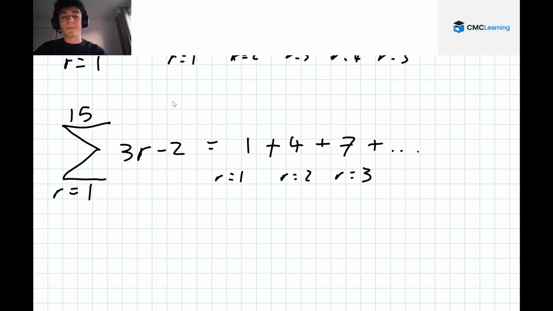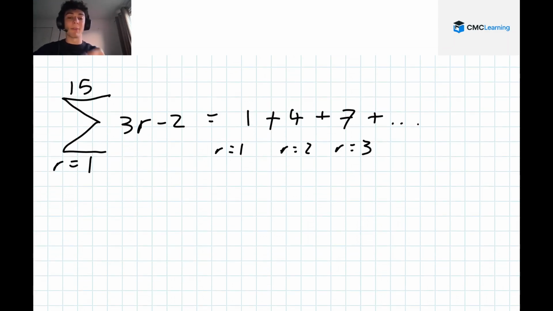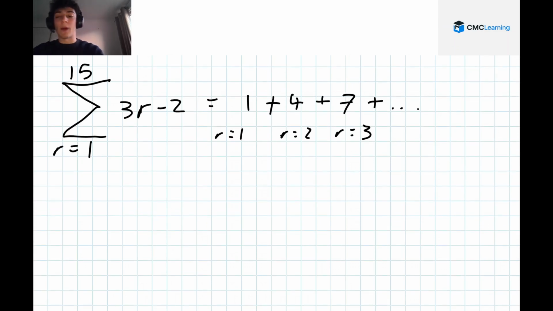Just by looking at these terms here, we can notice that we're increasing values by a certain difference, in this case a difference of 3, and hopefully we can recognize that this takes the same form as an arithmetic series, where the first term is equal to 1 and the common difference is equal to 3.